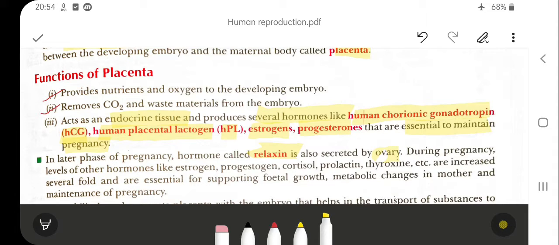During pregnancy, the levels of other hormones like estrogen, progesterone, cortisol, prolactin, and thyroxine are increased several folds, and they are essential for supporting fetal growth, metabolic changes in the mother, and maintenance of pregnancy.